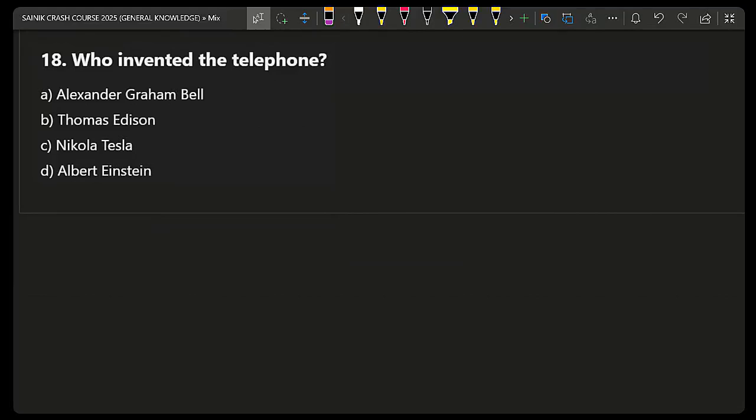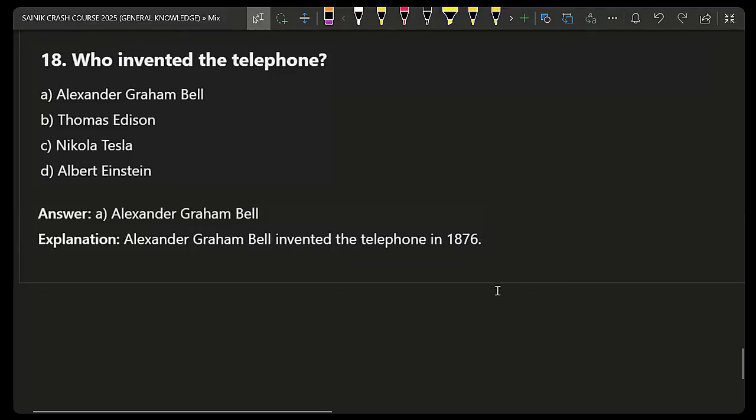One student gave wrong answer, Thomas Edison, and no students voted option C. Two students voted Albert Einstein, which is wrong. The correct answer is Alexander Graham Bell. He invented the telephone in 1876. Now, the telephone has undergone so many changes and it became a smartphone nowadays.